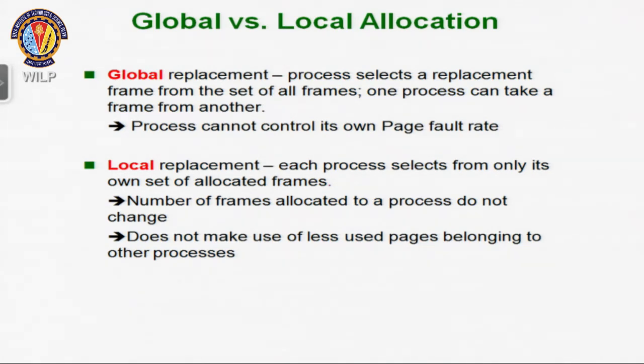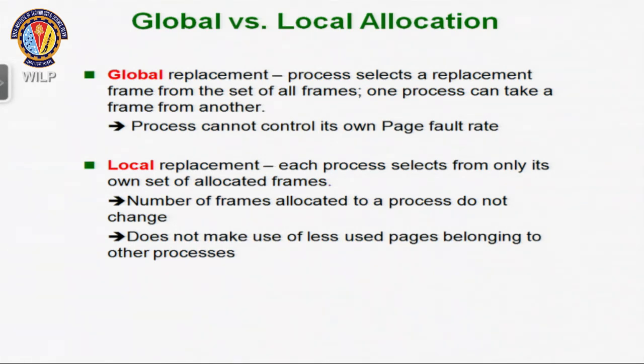So we can see that when a page fault is occurring, one is trying to replace a frame belonging to some other process. There are two kinds of strategy for replacement. One we call global replacement, and another we call local replacement.